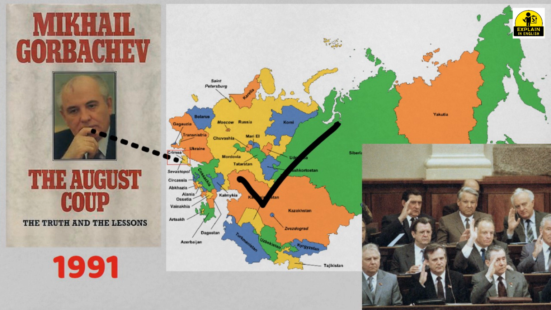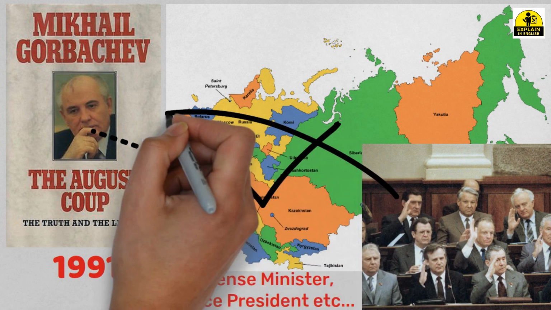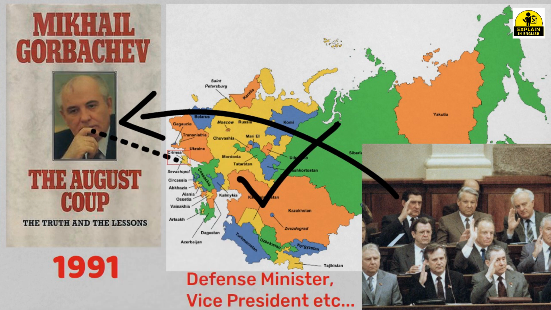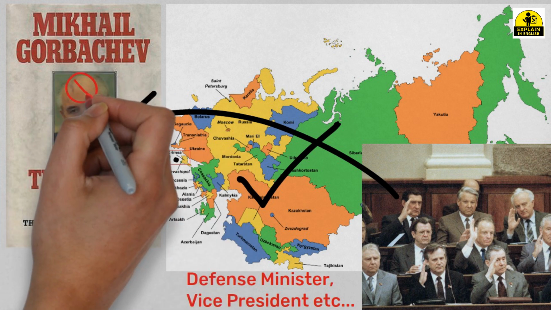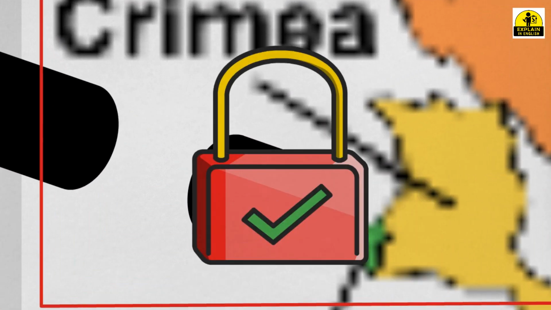The rest of the leaders, including the former defense minister and the vice president, believed that Mikhail Gorbachev's policies were the reason behind the disintegration of the USSR. That is why, according to them, Mikhail Gorbachev had to be removed from power. This is why the other big leaders got Mikhail Gorbachev detained in Crimea.